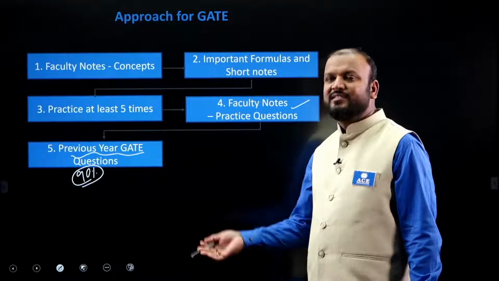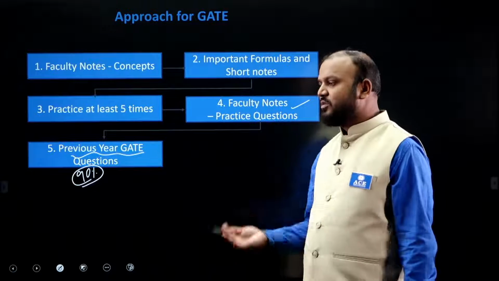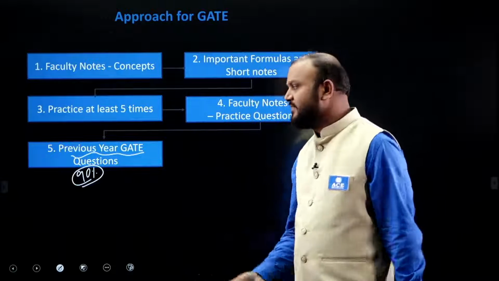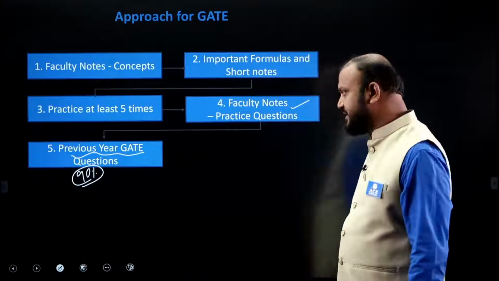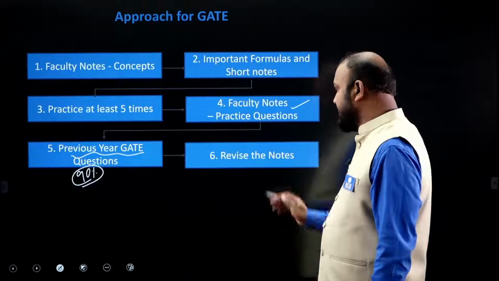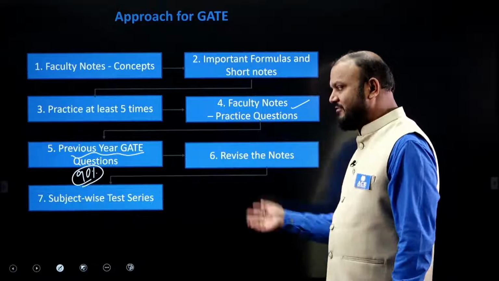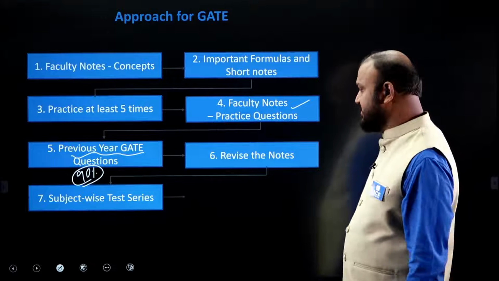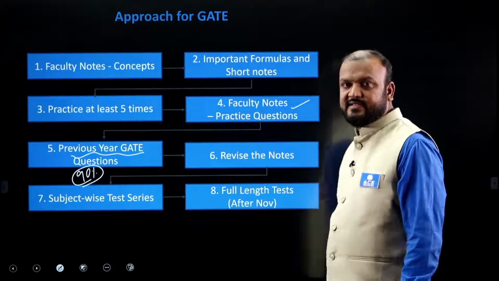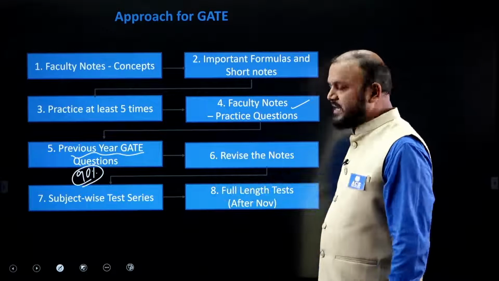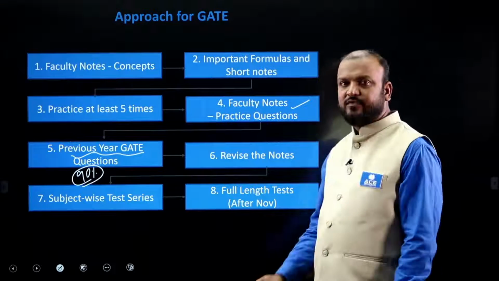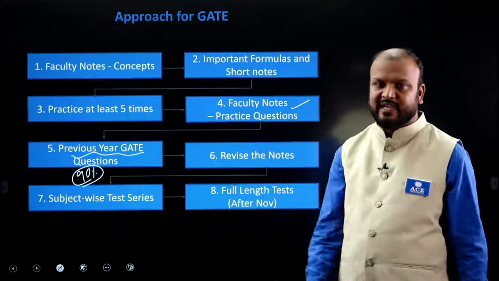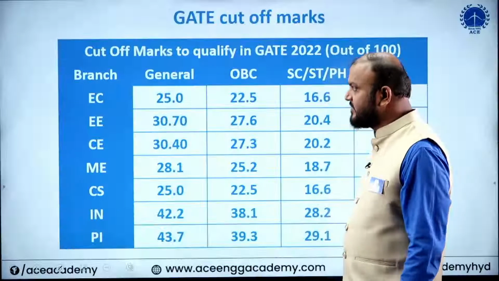Not the same questions, but questions on such concepts are covered. So solving PYQs is very, very important. Revise the notes, and then finally go with the subject-wise test series and the full-length test series. I suggest you follow this order so that any question that comes in the coming GATE examination, you are able to solve it.